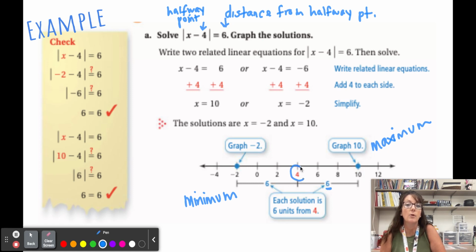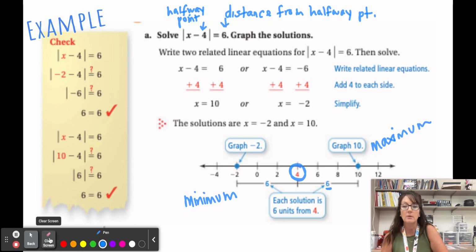And again, 4 is that halfway point. It is halfway between 10 and -2. -2 is 6 units away. That's the distance it is, because the symbol is telling us that the distance from 4 is going to be 6 units. We don't know what x is going to be equal to in order to make the expression inside of it true, and it's going to be -2 or 10 for x.